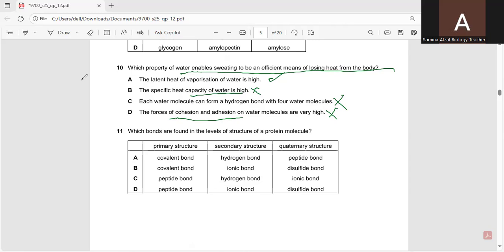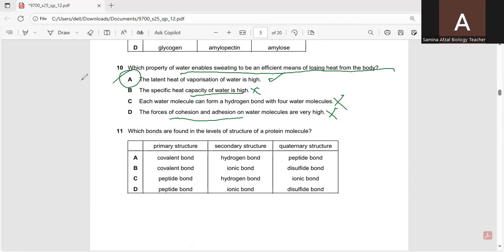First of all, how sweating cools the body. When we get hot, our bodies produce sweat, which is mostly water, and release it onto the skin. The sweat absorbs heat from the body's surface. The absorbed heat provides the energy needed for the water molecules to overcome their hydrogen bonds and change from a liquid to a gas. So according to this, A is the correct option.